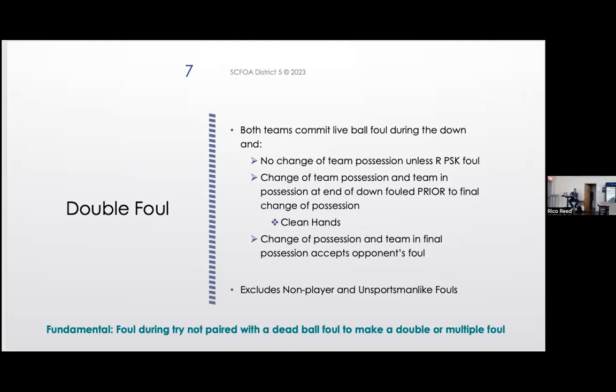Automatically replay the down, and if it's the last down of the quarter, it's an untimed down. That's right. Let's say we have an A holding foul, a B pass interference, and then B intercepts and is tackled. Are there options on this play? Both fouls were before the change. No, there's no option there.